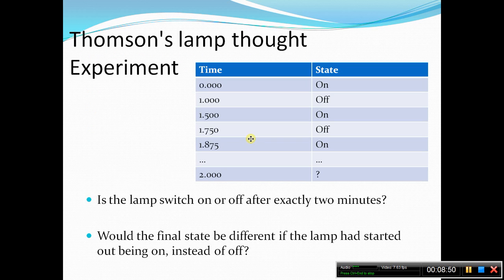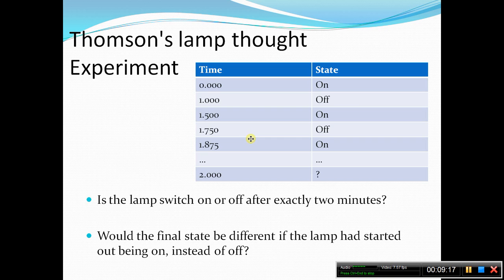Now, before I dissuade you of the importance of Zeno entirely, there are some really important metaphysical implications of Zeno-like paradoxes. And one is Thomson's lamp thought experiment. So what we're supposed to imagine is that there's a person holding a switch, and at time 0, the lamp is on, and at time 1, the lamp is off.